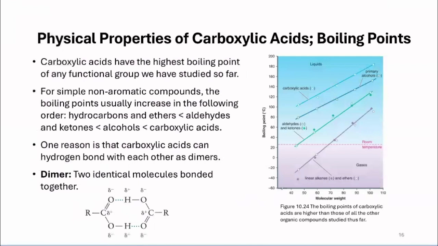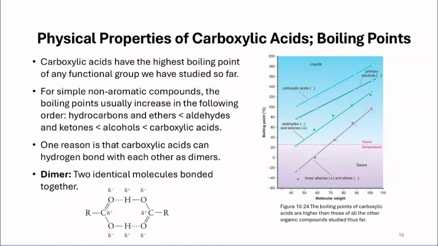When it comes to simple non-aromatic compounds, the boiling points usually increase in the following order. Hydrocarbons and ethers have a lower boiling point than aldehydes and ketones. Aldehydes and ketones have lower boiling points than alcohols, and alcohols have lower boiling points than carboxylic acids.